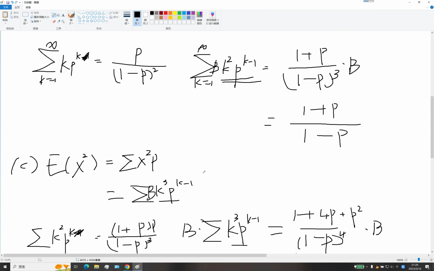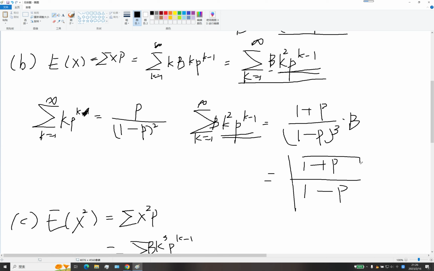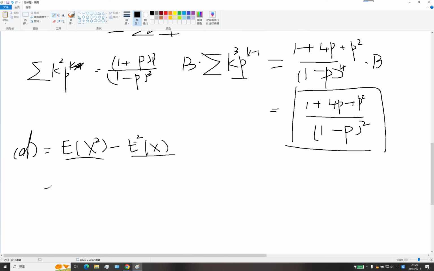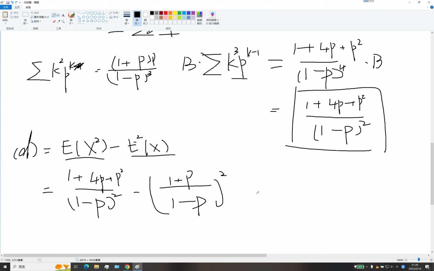And E[X], we got it on this part. So we just do a subtraction, so the answer is this.